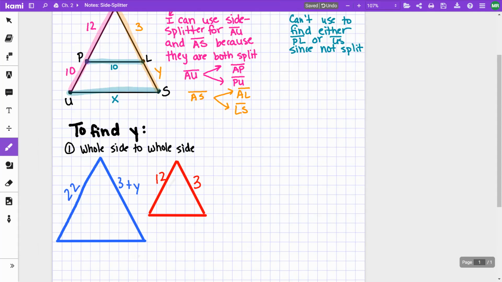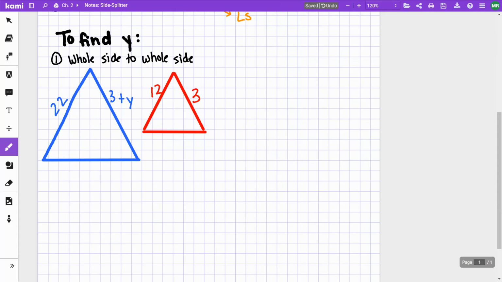So what I'm going to do is set up, let's say, 3 plus y is to 3 as 22 is to 12. And then we cross multiply and solve.